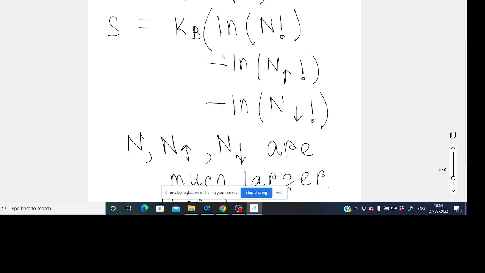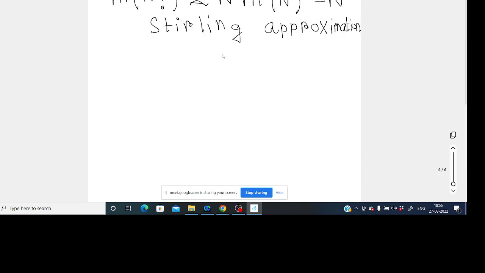Here we'll use this approximation in three of them: log n factorial, log n up factorial, and log n down factorial.